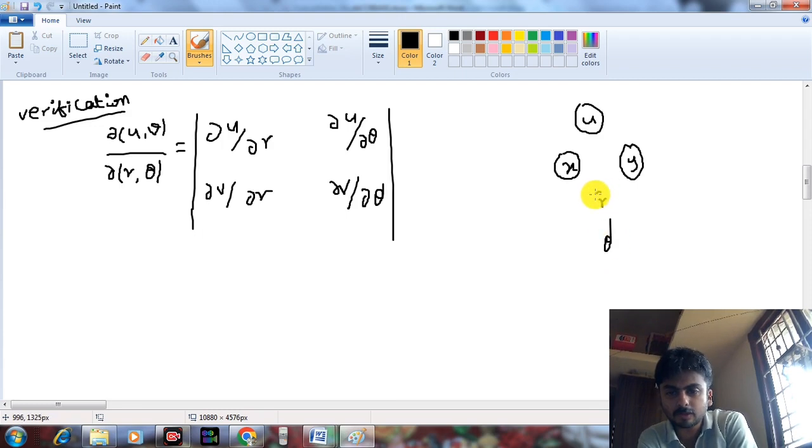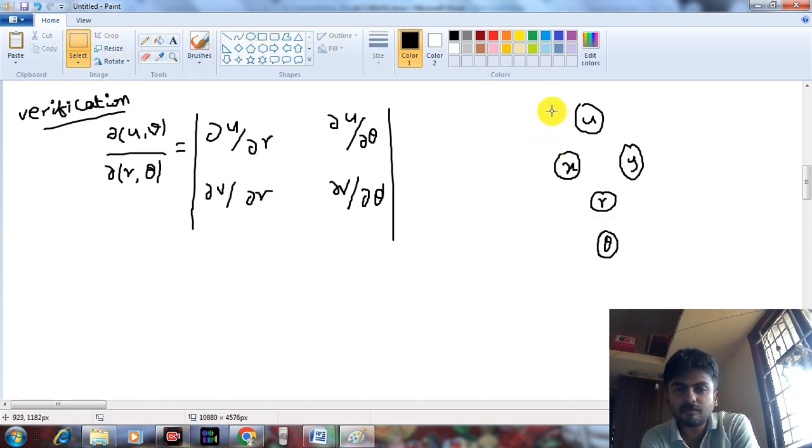We have to draw this diagram. In the same way we have it for v also.